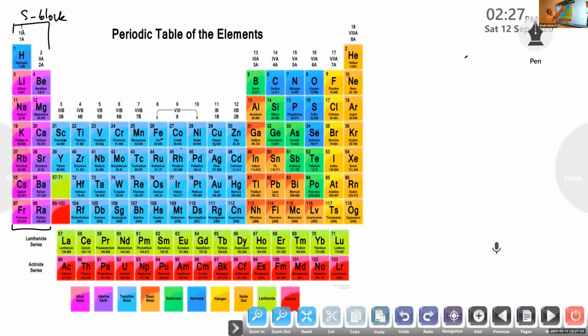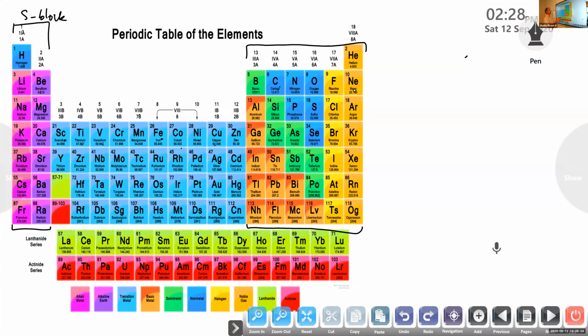Now you come to the right side. You take these 6 groups of elements, that is 13 to 18, 6 groups: 13, 14, 15, 16, 17, and 18. In these 6 groups, while you write the electronic configuration, the last electron enters a P level.